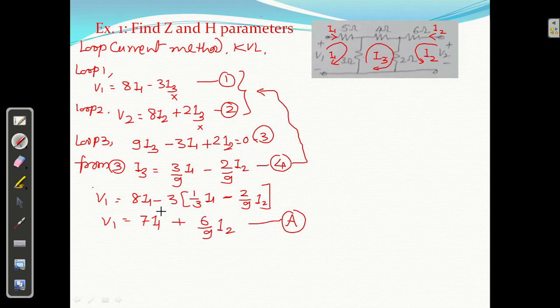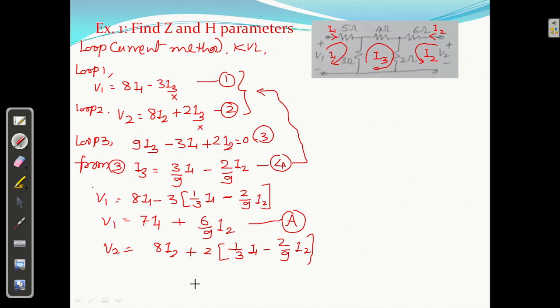Okay, similarly if you put the value of i3 in equation 2, तो v2 इक्वल टू क्या आएगा, v2 इक्वल टू 8 i2, राइट ना, 8 i2 प्लस 2 i3 की वैल्यू, i3 इक्वल टू 1 by 3 i1 minus 2 by 9 i2.